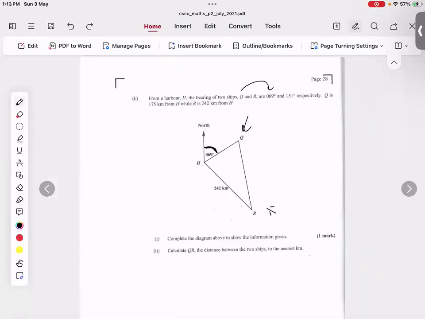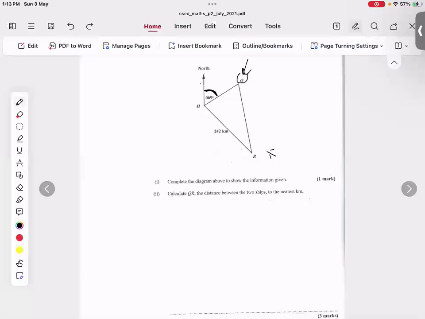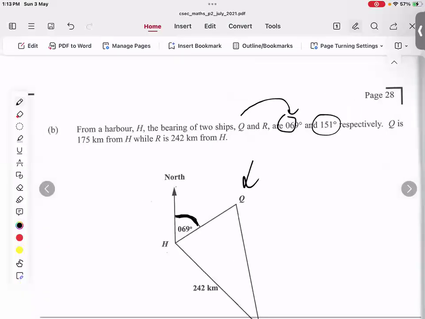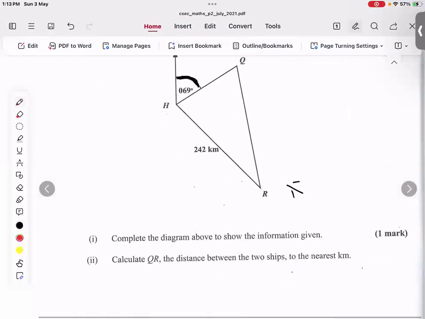You can see this 69 right here is for Q. Q is on a bearing of 69. See the bearing come around, 69 degrees there. Good. All right, and then the 151 now is what you're looking at. And you're probably wondering, where is this 151? This 151 is inclusive of the 69.